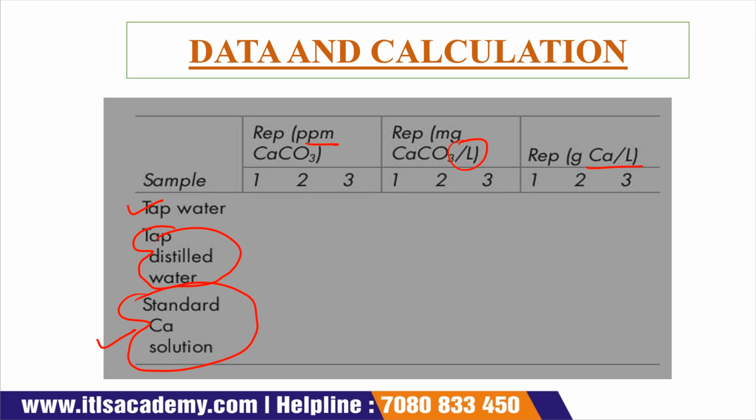This is all we have to relate to the instruction given on the strip. This is how we calculate the calcium carbonate or milligram of calcium carbonate per liter, or amount of calcium per liter present in water. This is all about the determination of the hardness of water with the help of the test strip.